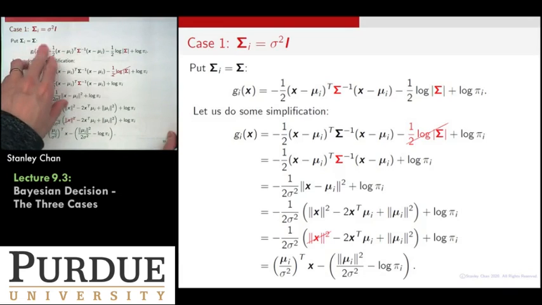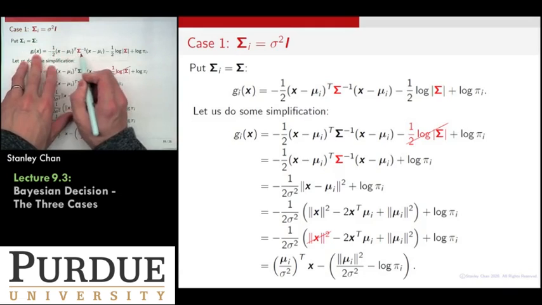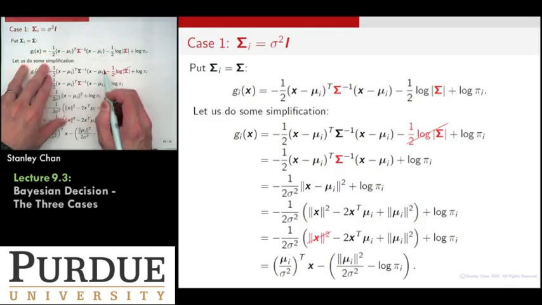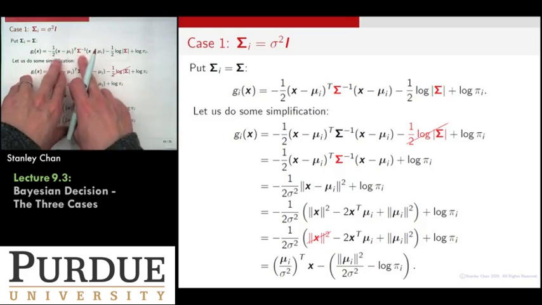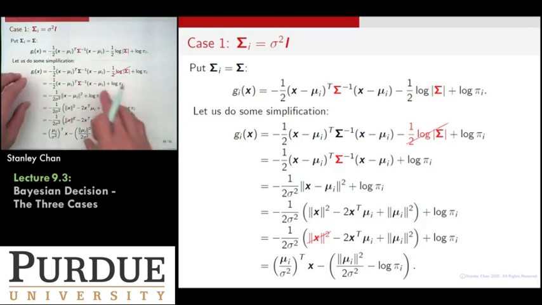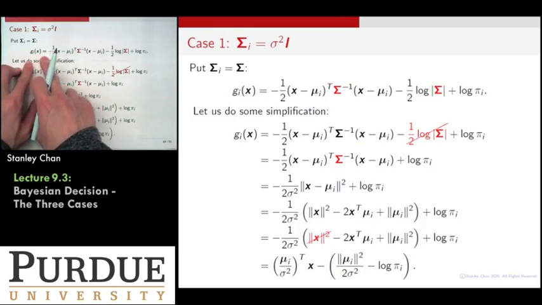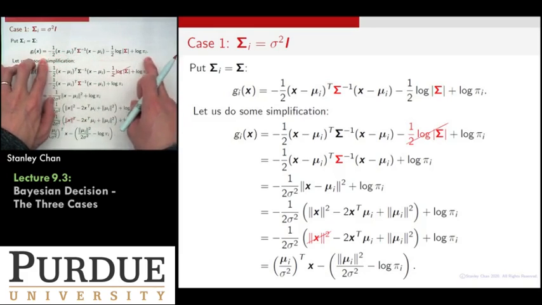Now, if you plug all these in, you replace sigma i by the sigma, and you can do a simplification here. You realize that sigma i is expressed in this form.